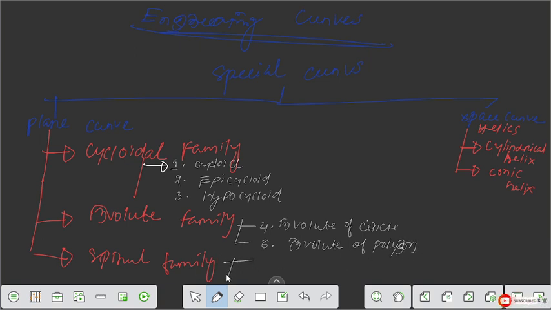Next, spiral is divided into two types. One is Archimedean spiral. Second is logarithmic spiral.